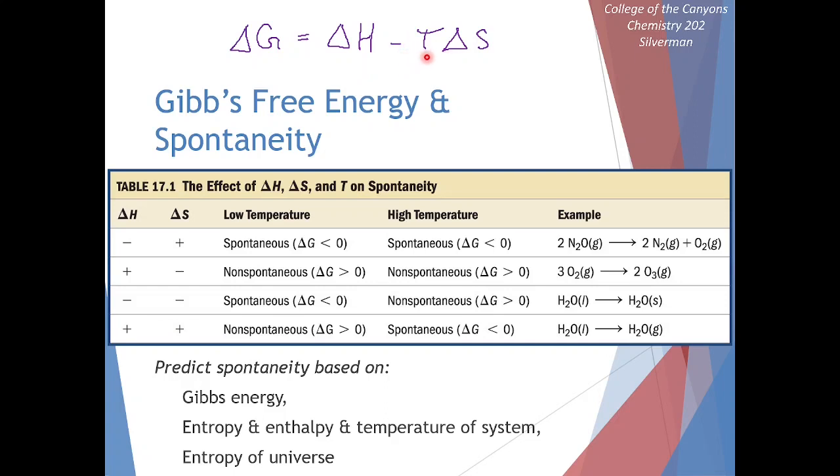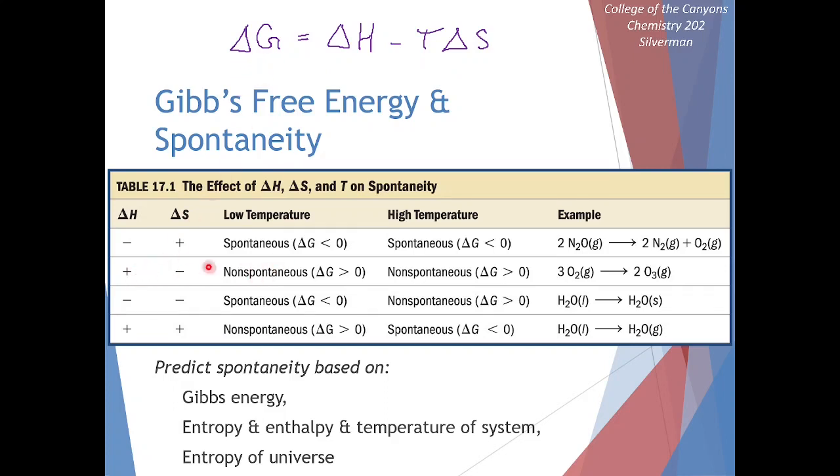Since we're subtracting temperature times change in entropy, we would like this delta S to be positive. If we have both of those conditions met, delta H is negative and delta S is positive, that means our reaction has to be spontaneous. A negative number minus a positive number is going to be negative, is going to be spontaneous.